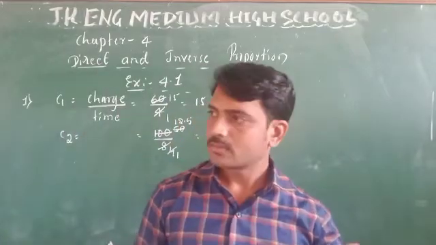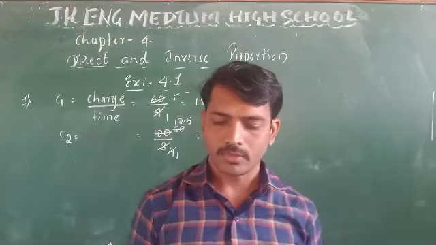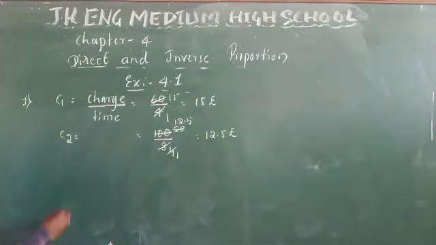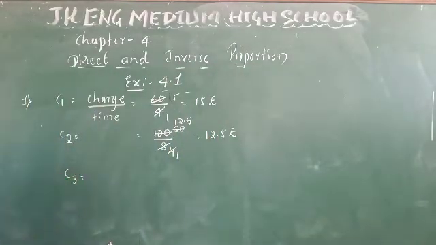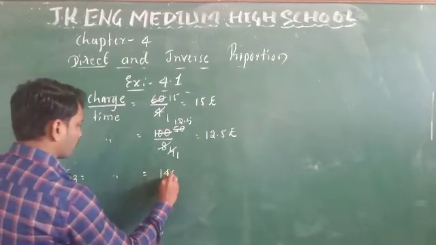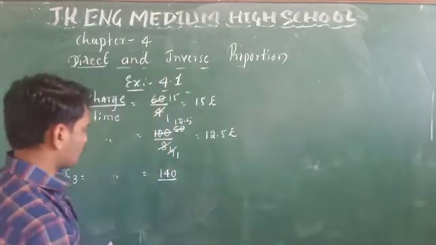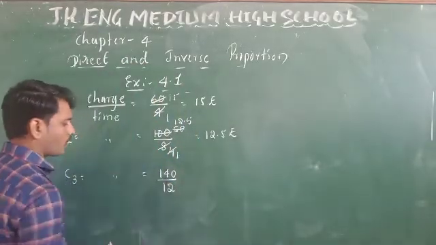12 hours. The timing is 12 hours. The amount is 140. C3. Same, charge divided by time will come: 140 divided by 12 hours. Okay.